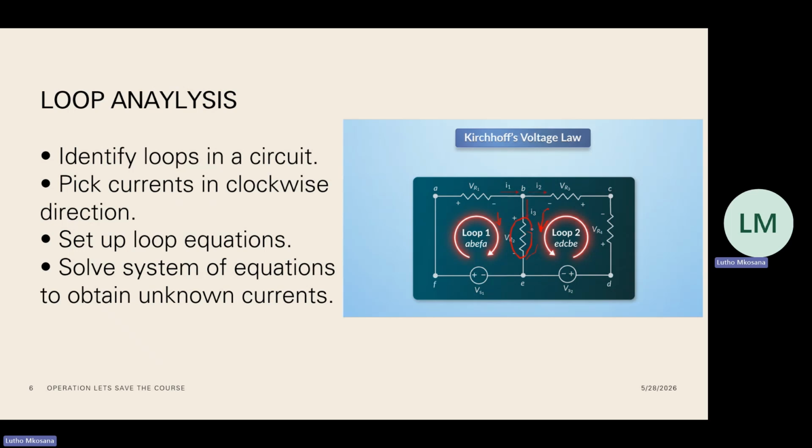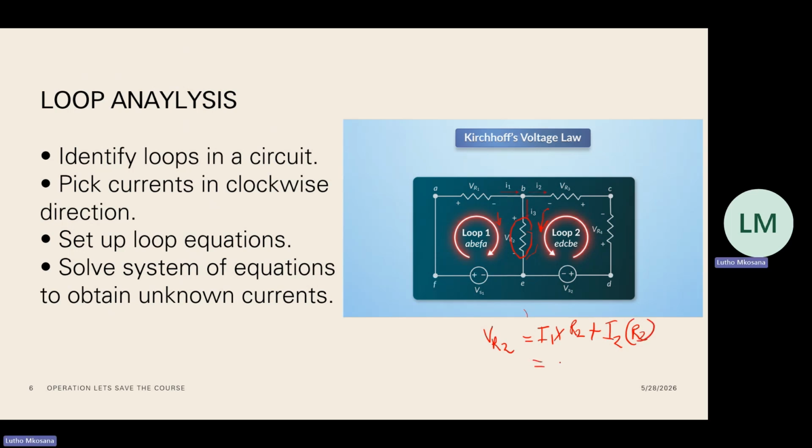So by addition, the voltage across there, VR2, would be equal to I1, which is for loop 1, times R2, plus I2, which is from loop 2, times R2.